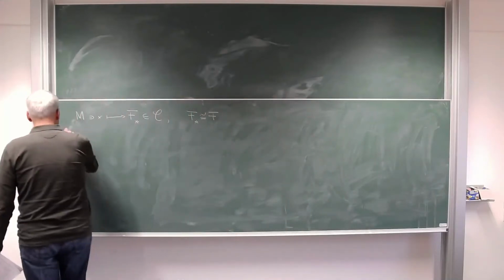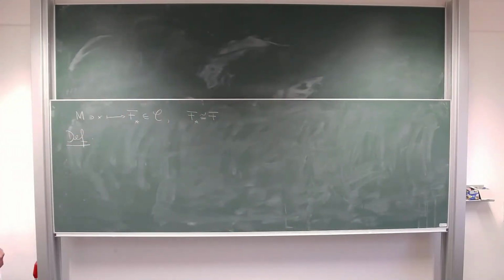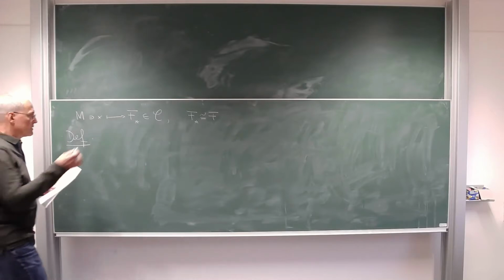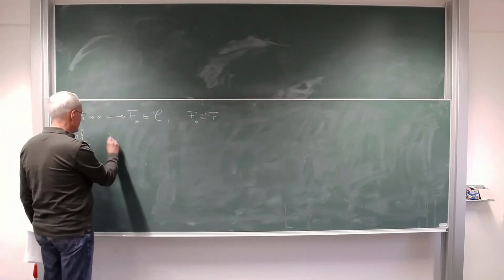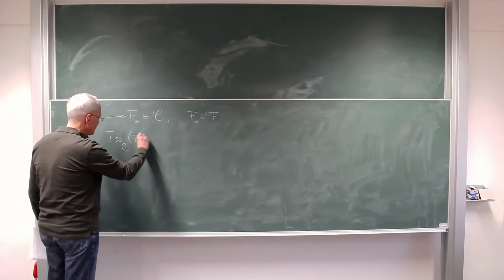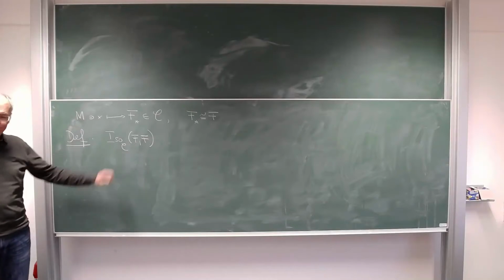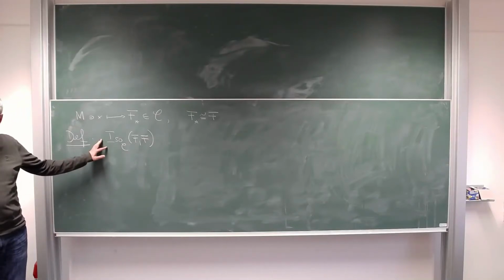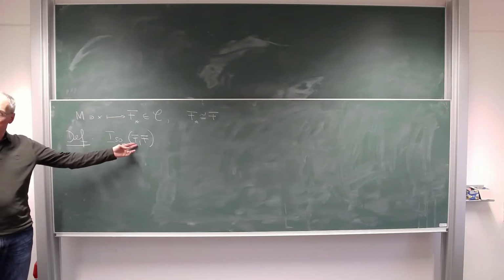All right, so one more notation in this context. If we have such a bundle with a model fiber F in category C, then the group of isomorphisms on the model fiber, that's a set of isomorphisms in my category, contains the identity element, because the identity is an isomorphism.